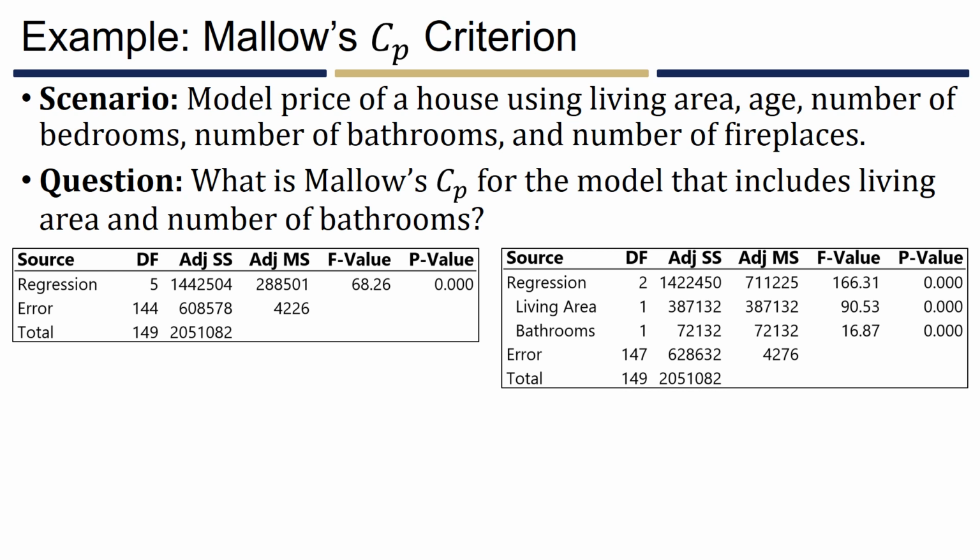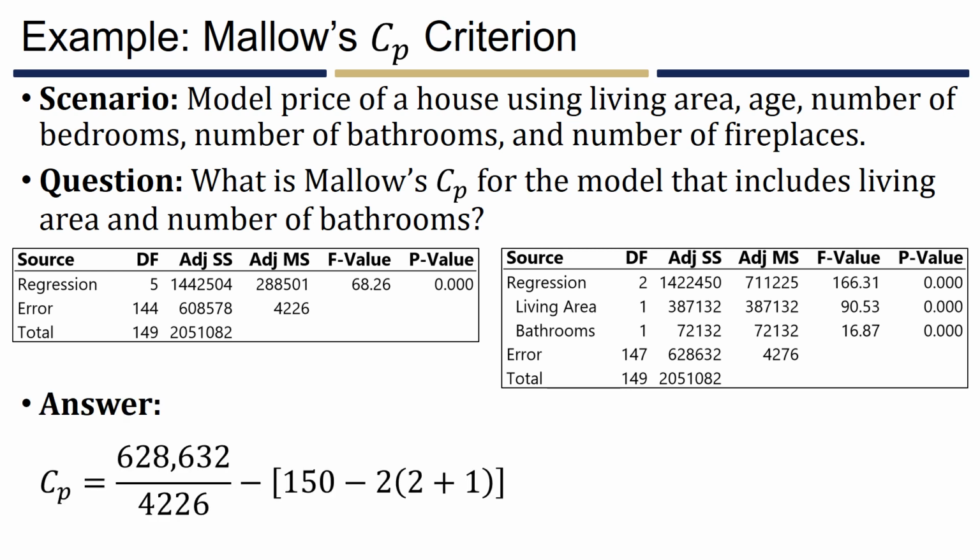So to calculate Mallows' Cp, we're going to take the SSE for the reduced model that has only living area and bathrooms, 628,632, and divide by the MSE for the full model, 4,226. Now, the data for this situation is posted up on CourseWeb.